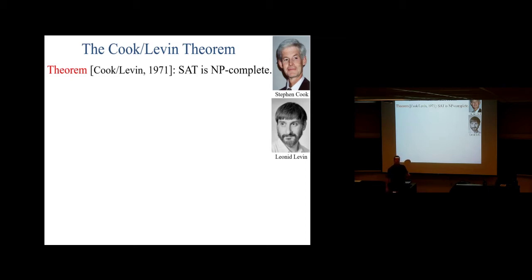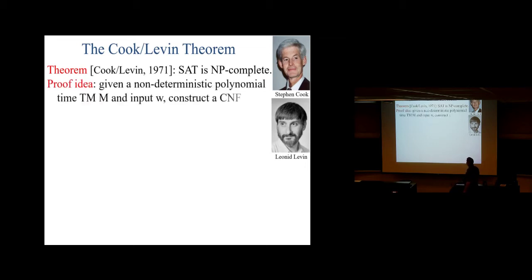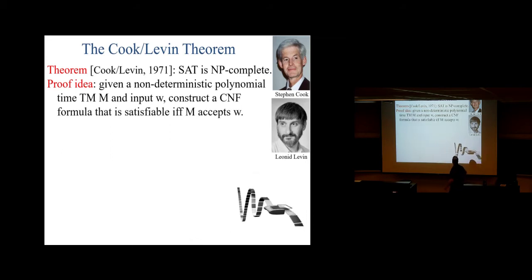And we're going to show you a sketch of the proof, not necessarily the whole proof. The whole proof is lots of details. But the idea of the proof is this. Given a non-deterministic polynomial time computation, say a Turing machine, but it's any computation, and some input instance of the problem, you can construct a conjunctive normal form Boolean formula that basically mimics the computation of the Turing machine.